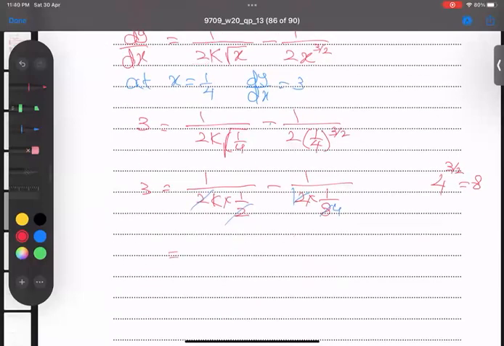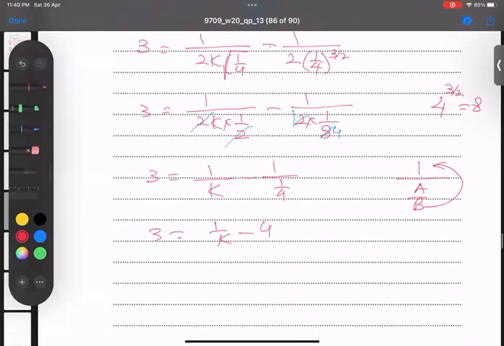And I'm getting here 3 equals 1 over k, and minus 1 by 1 over 4. It flips. I said before, whenever this comes, the 4 goes up. So 3 equals 1 over k minus 4. 4 goes there, becomes 7, 1 by k, and cross multiply, so k is equal to 1 by 7.